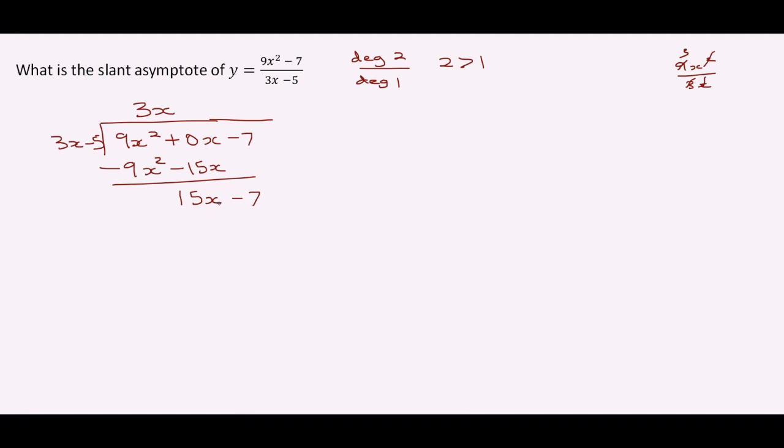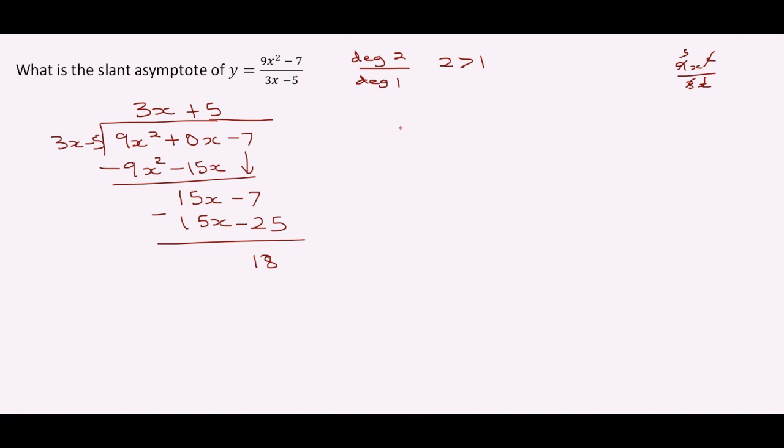So 15x divided by 3x, we have 5, so that is plus 5. 5 times 3x, we have 15x. 5 times minus 5, we have minus 25. This 7 here is what we brought down. So we subtract. Minus 7 minus minus 25 is going to give us 18.